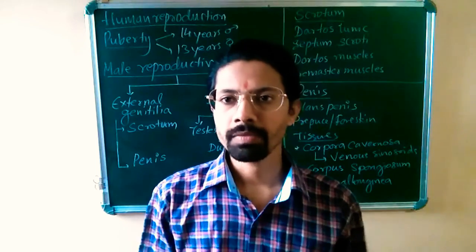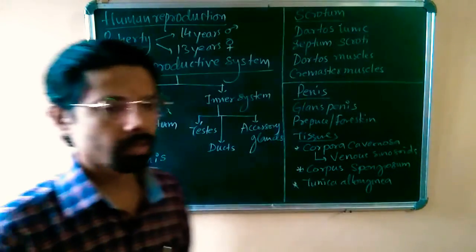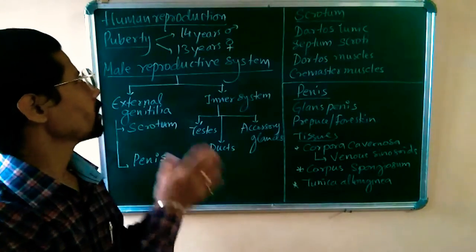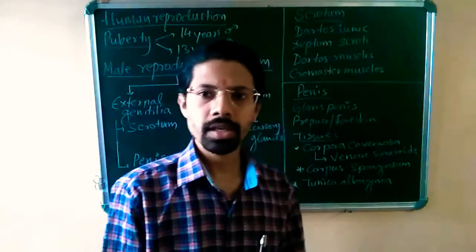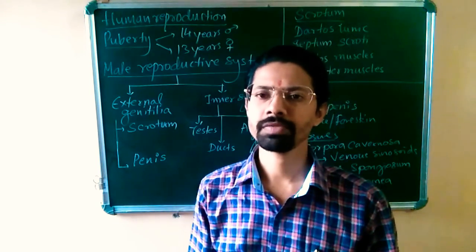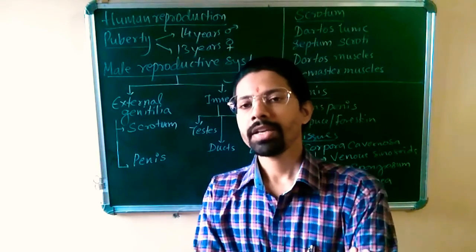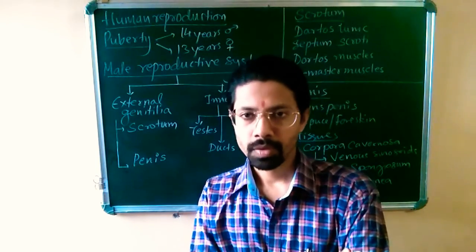So basically, to start with the first part of this chapter called human reproduction, we can start with the basic things like, firstly, what is puberty? Puberty is nothing but, we can define it very simply. Puberty can be defined as the age of sexual maturity or the age of onset of sexual maturity.